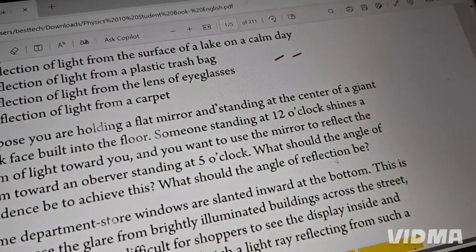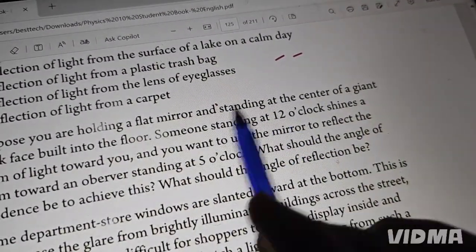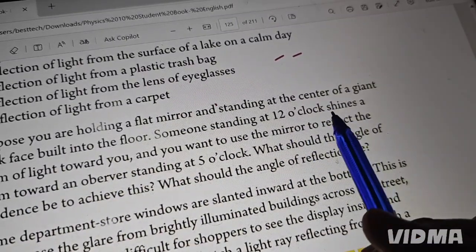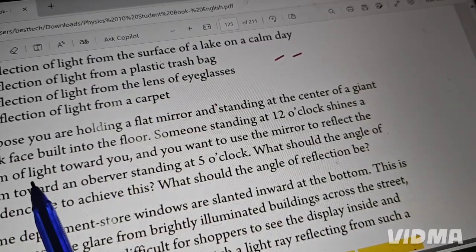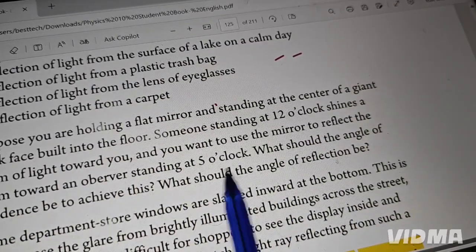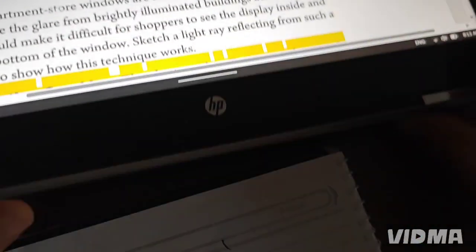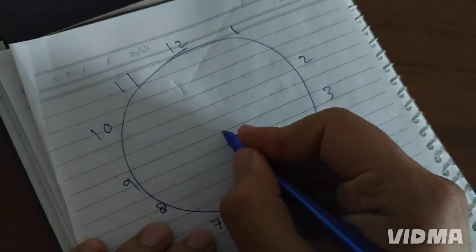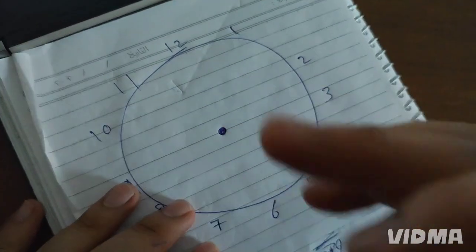So the question said, you are holding a flat mirror and standing at the center of the clock face built into the floor. Someone standing at 12 o'clock shines a beam of light toward you, and you want to use the mirror to reflect the beam.